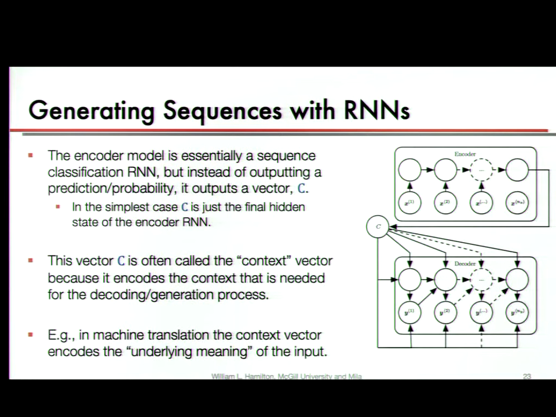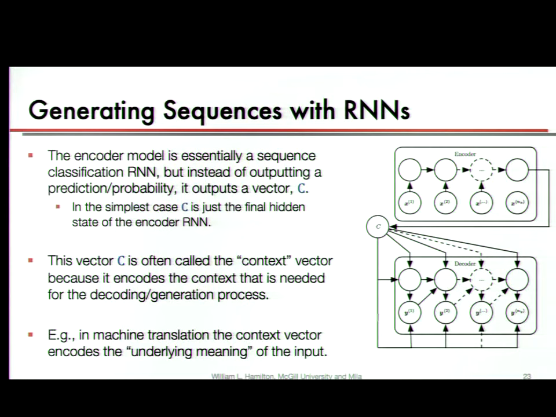Now there's a variety of design decisions here. Most commonly, the C vector is just the final hidden state of the encoder RNN. So we have some sentence we want to encode, like "I love the movie," and we feed this through an RNN, and then we take the final hidden state as our context.